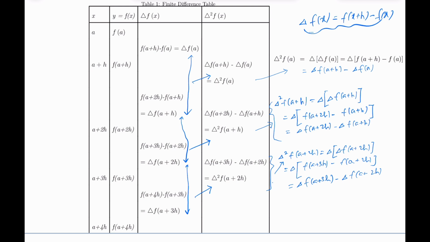This is equal to delta of f(a+3h) minus f(a+2h). Open the bracket. This gives you delta f(a+3h) minus delta f(a+2h), which is written here. Okay. So this table is known as the forward difference table.